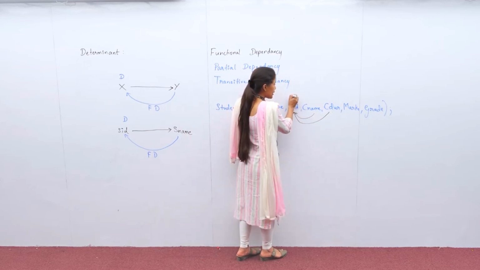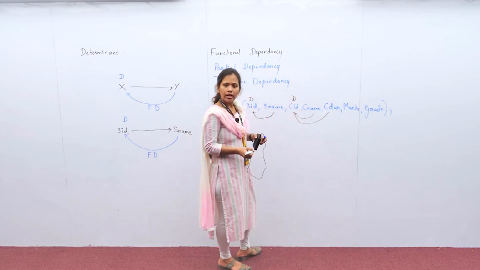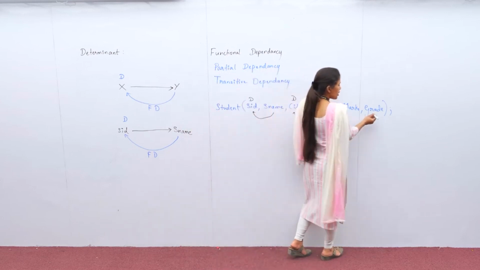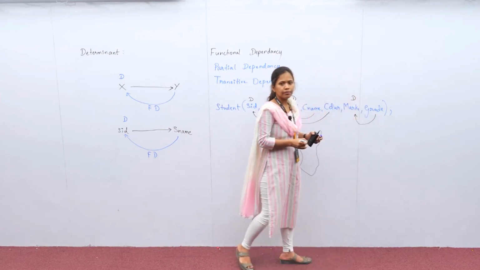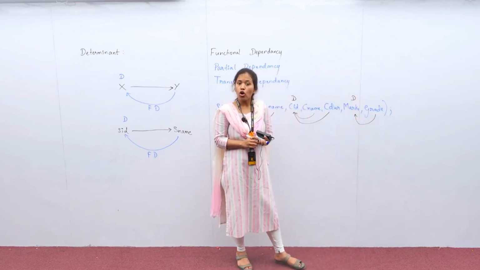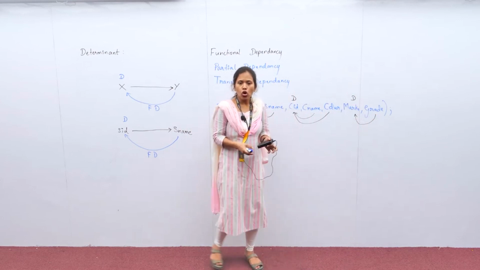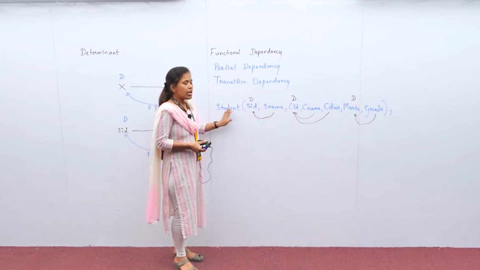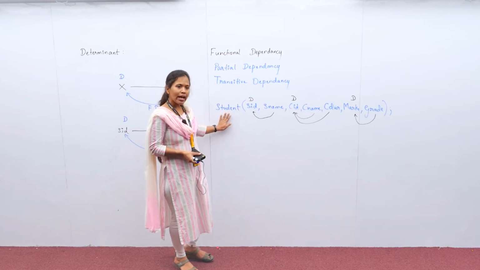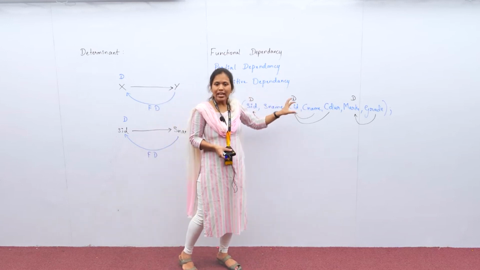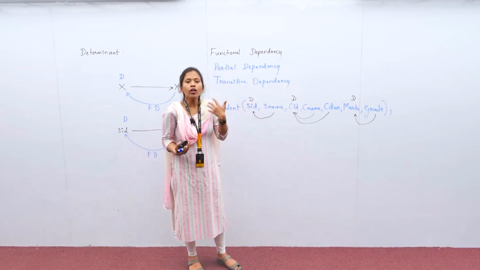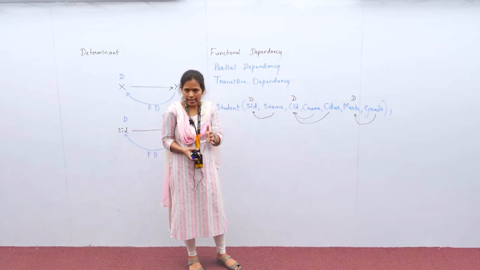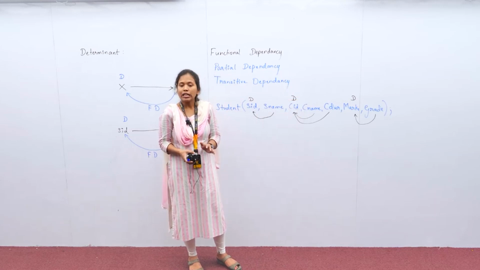Which means this is a determinant. And grade is dependent on marks. Can I tell this is a determinant? Yes. All of you are getting whatever I am saying, right? So we have more than one determinant existing in the same relation. Within a single relation, there is more than one determinant existing. Yes or no? That is what is called partial dependency.